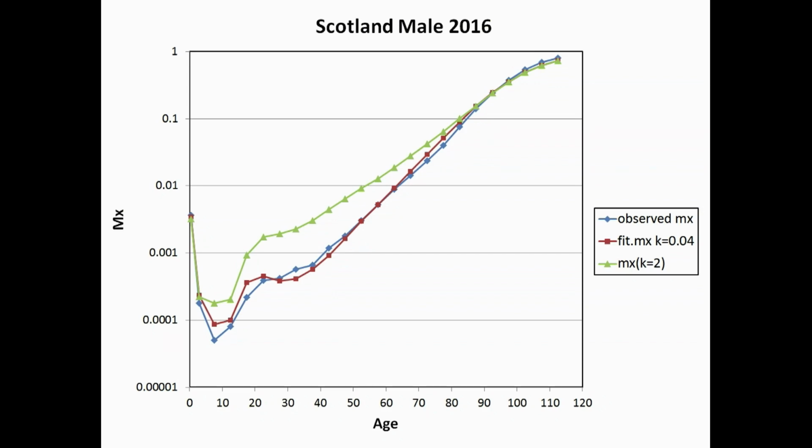And the green line here is what you would get if the K parameter were equal to 2. In that case, again, you get higher death rates in adulthood. The positive K is pulling the mortality schedule up in adulthood. And it's sort of like a bow and arrow. It's reminiscent of that to me.